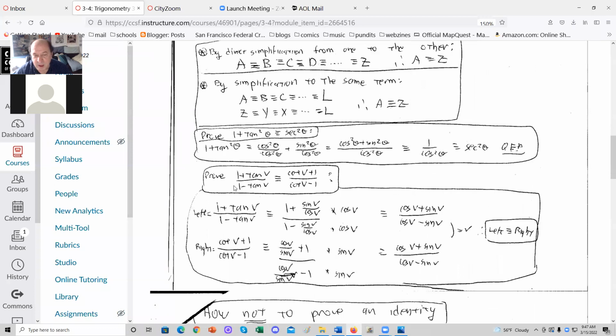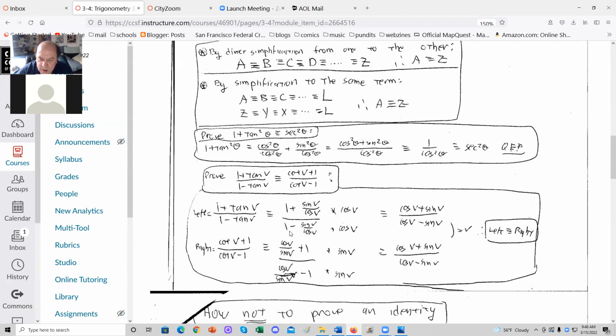Okay, the second method. Here we have 1 plus tan v over 1 minus tan v. Prove that it's identical to cotangent v plus 1 over cotangent v minus 1. We'll take both of these and reduce them to the same thing. Thus, 1 plus tan over 1 minus tan. Well, tan is sine over cosine, here and here. Multiply the fraction above and below by cosine, and get 1 times cosine is cosine, plus sine over cosine times cosine is sine.